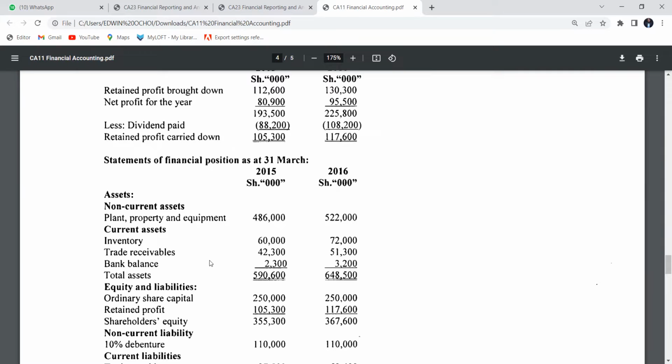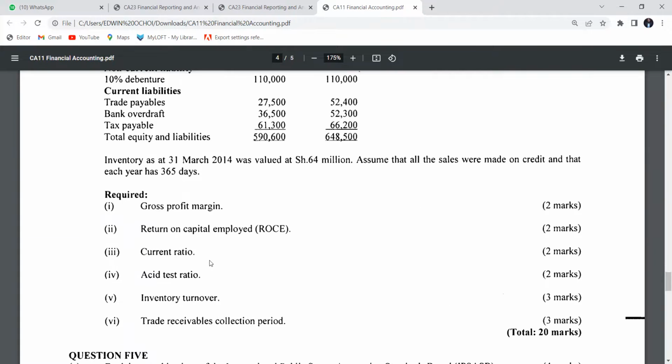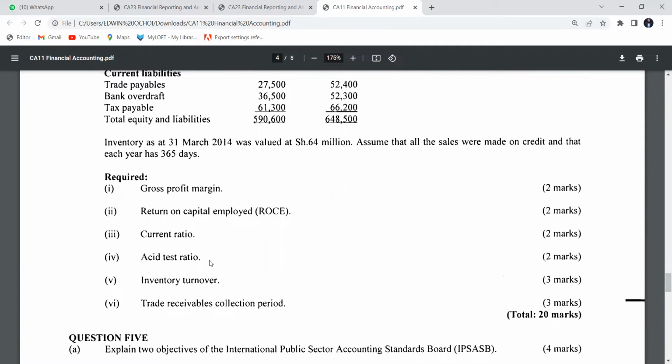Then you are given the statement of financial position as at 31st March 2015, 2016. Inventory as at 31st March 2014 was valued at 64 million. Assume that all the sales were made on credit and each year has 365 days.